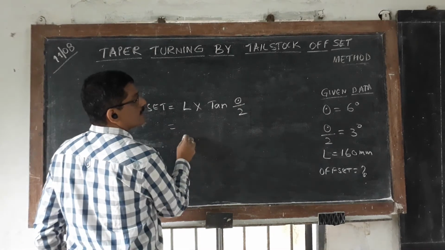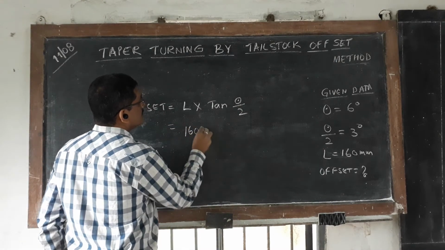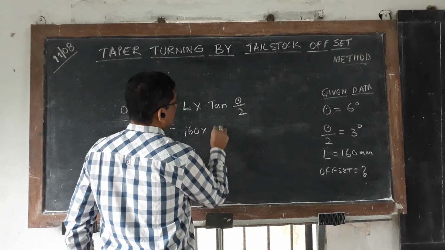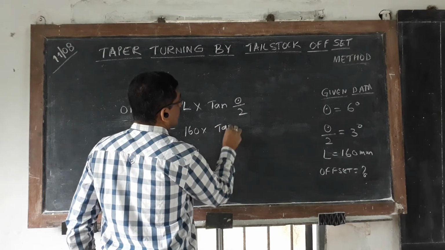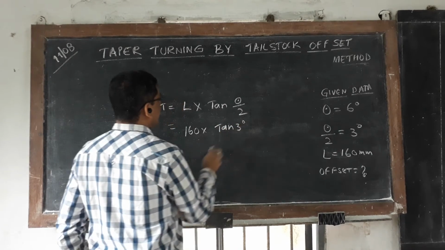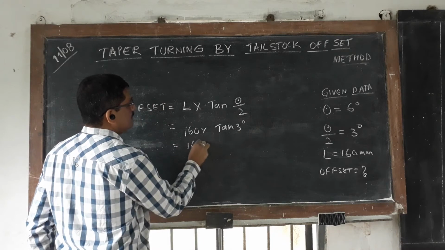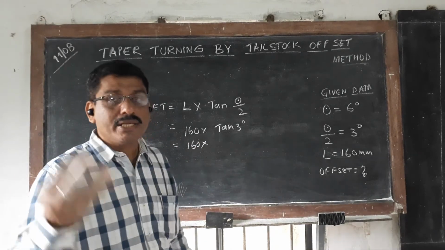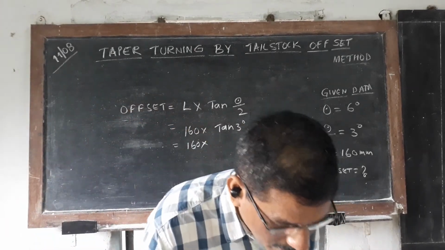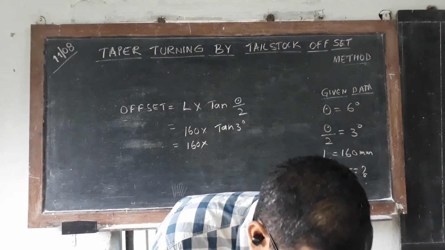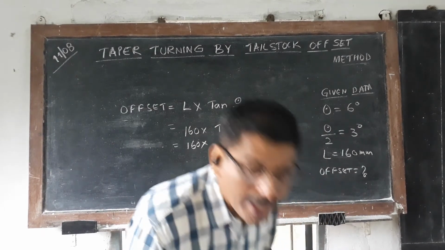So it is equal to length 160 into tan 3 degree, isn't it? Tan 3 degree is equal to 160 into, either you see from the table or else the calculator. So tan 3 degree becomes 0.0524.